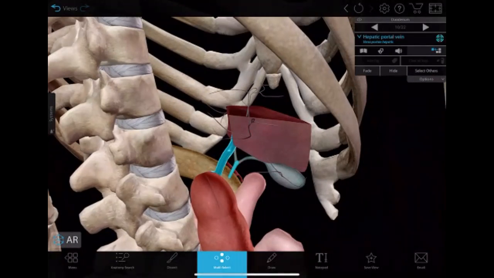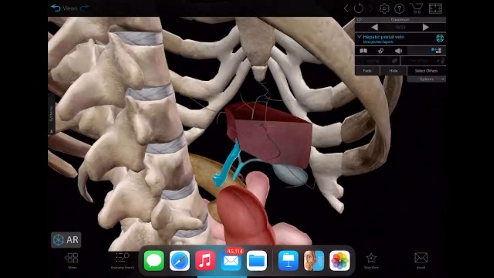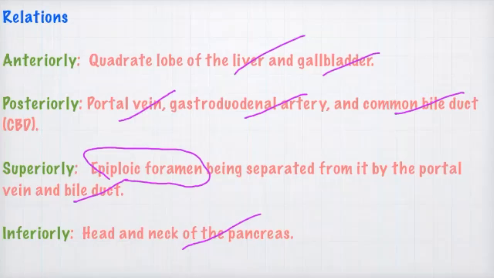And this is the portal vein, right? Bile duct and portal vein, gastroduodenal artery. So those are the relationships.